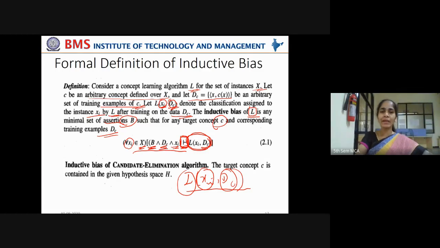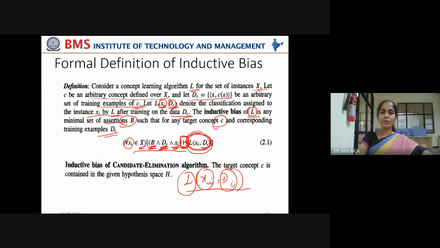You means I'm talking about the machine. The machine will make use of the assumptions, training examples, and the new instance's attribute combinations. All these will be used to predict the label of this new instance.